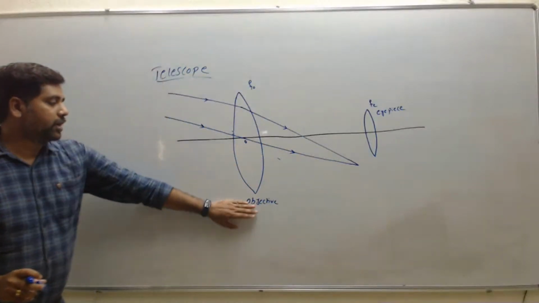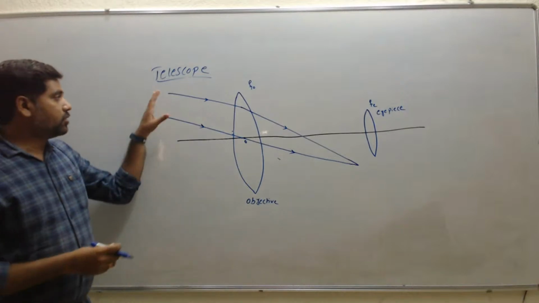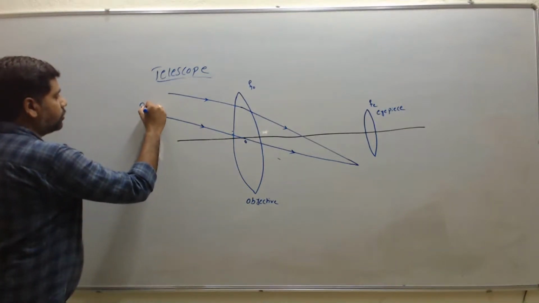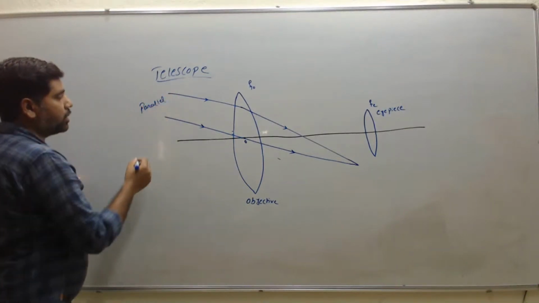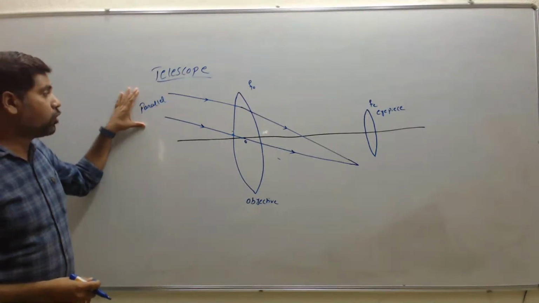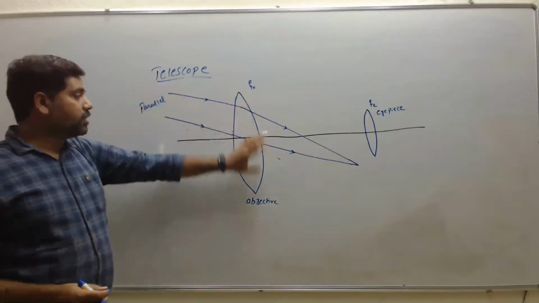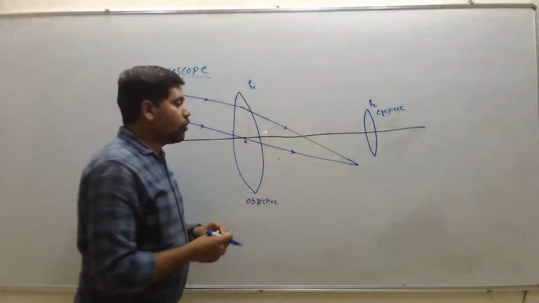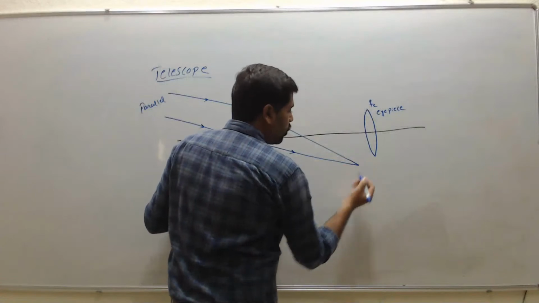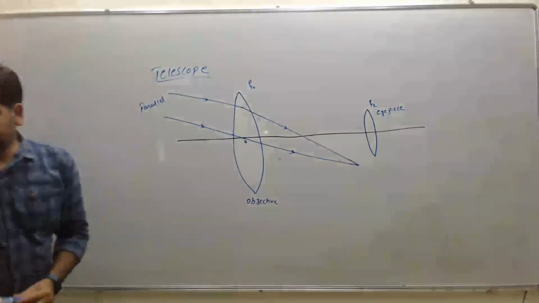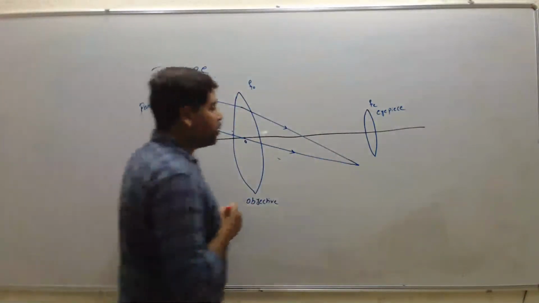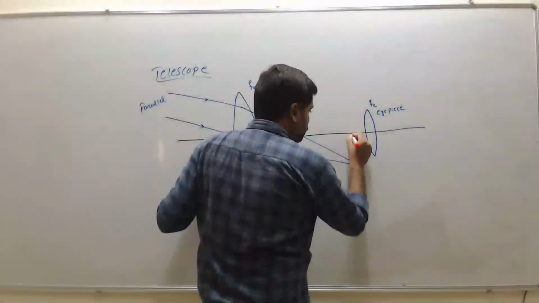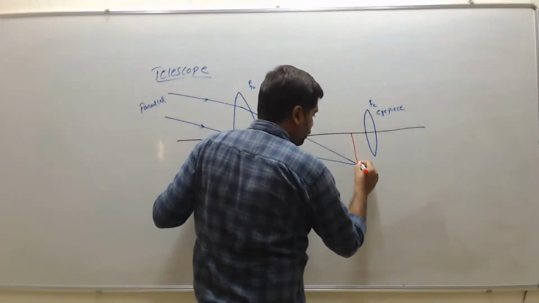So this is the optic center of the objective lens. These are parallel rays coming from the distant object. When the parallel rays are incident on the lens, after refraction they converge at a point. At the convergent point, we get the image of the object.